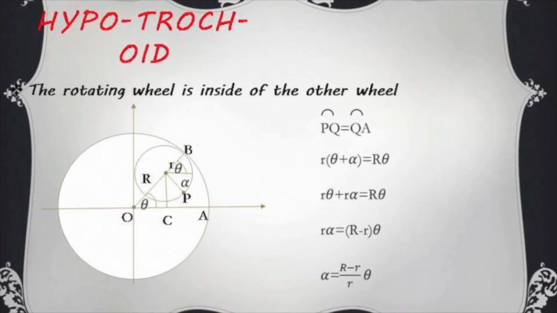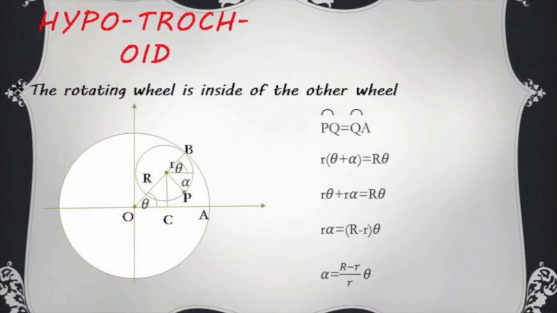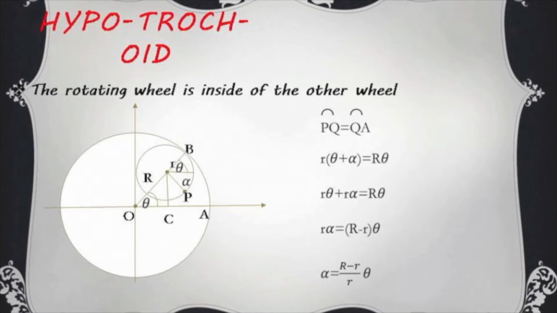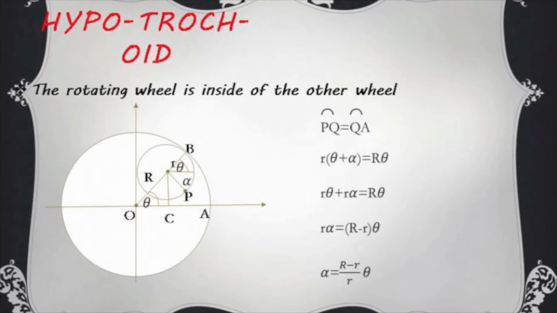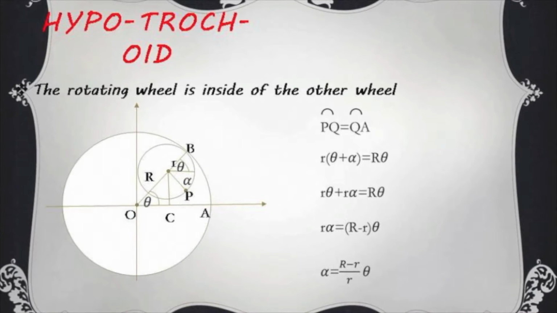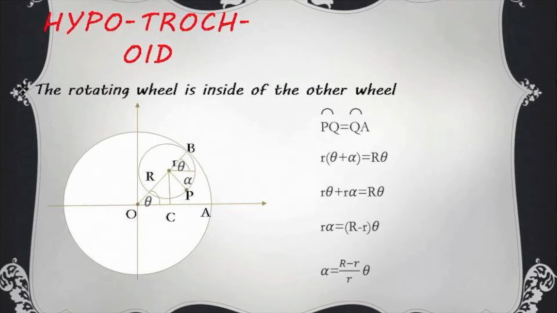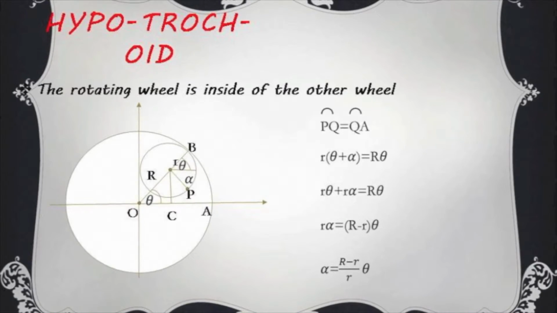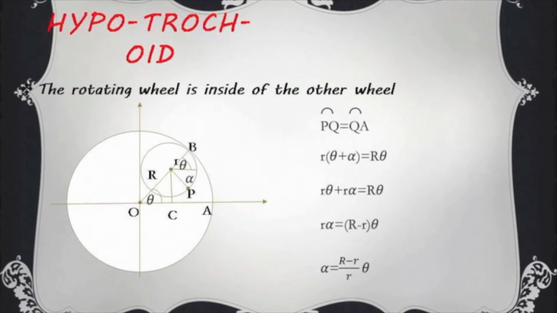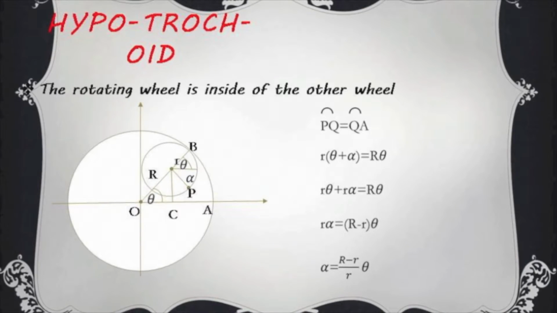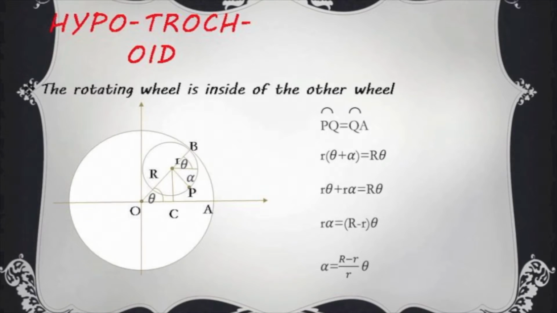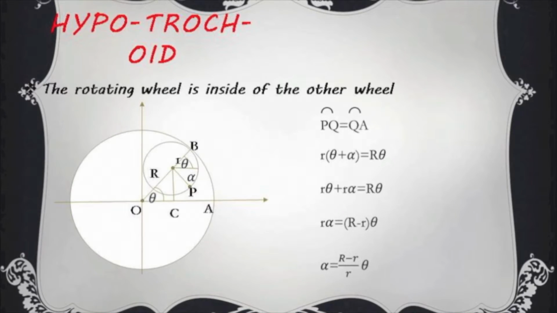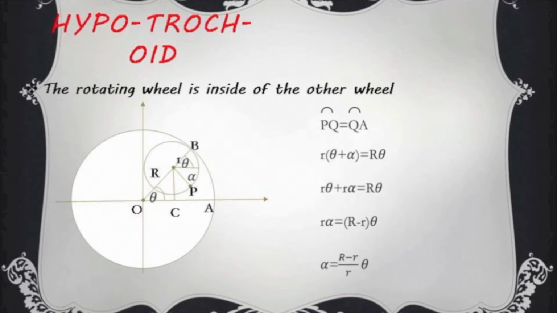And then it becomes small r theta plus small r alpha equals R theta. And then we move the small r theta to the right side, and then it becomes small r alpha equals (R minus small r) times theta. And then we finally find that alpha equals (R minus small r) over small r times theta.